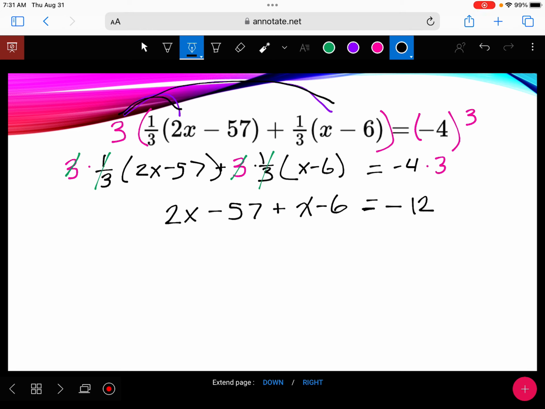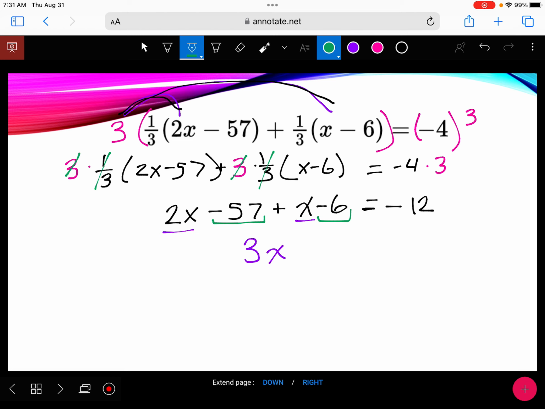Okay. What can I do here? Combine like terms. Put my x's together, put my numbers together. So I have 2x plus x, which is 3x. And I have minus 57 and minus 6.